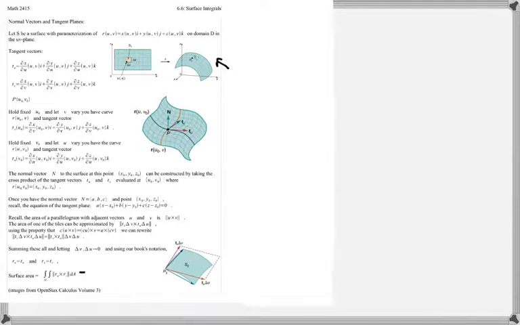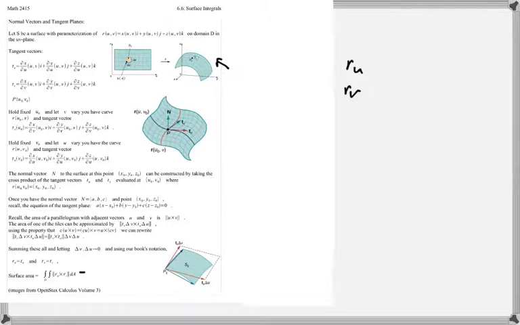T sub v, or r sub v, is the partial of x with respect to v i, partial of y with respect to v j, plus partial of z with respect to v k.